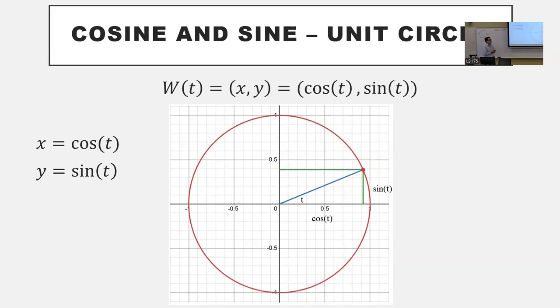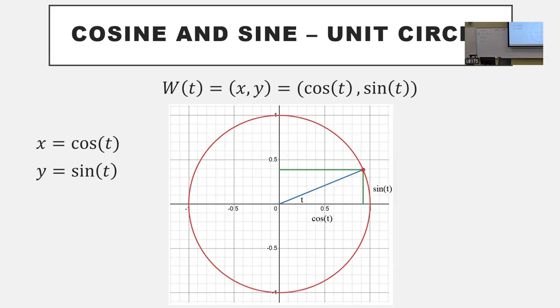One way to define sine and cosine is to base them on the x and y value of the wrapping function with angle t.